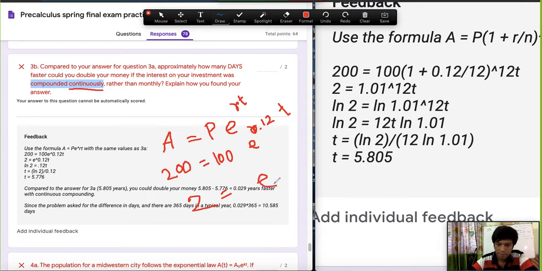This side is 2, this side is e to the power 0.12t. And look, why did we say you do not have to put the value of e? Because of ln. Now you can take ln on both sides. The good news is ln and e will cancel out, because ln means log base e, and log base e of e becomes 1.